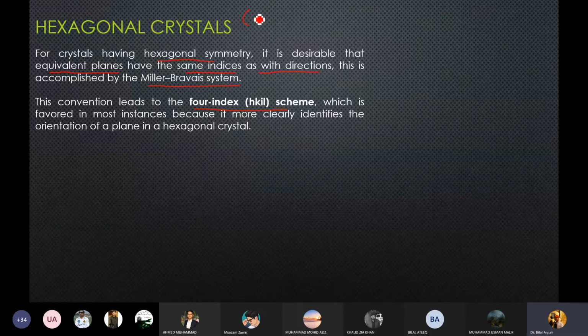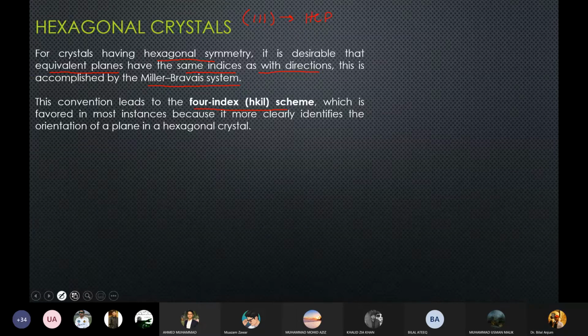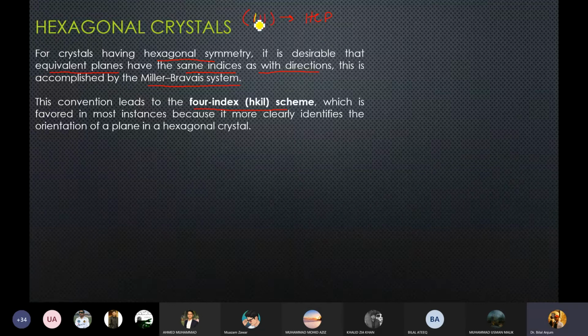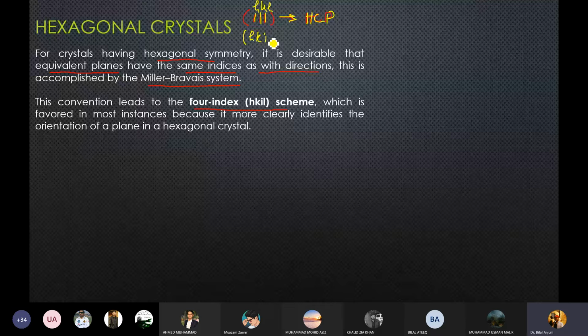That means, for example, if I say 111 plane in the HCP system, essentially there should be a mechanism to convert these HKL 111 indices to the HKIL 4 coordinate system in HCP systems.